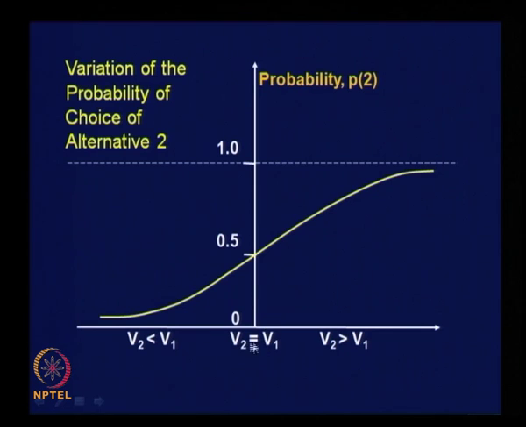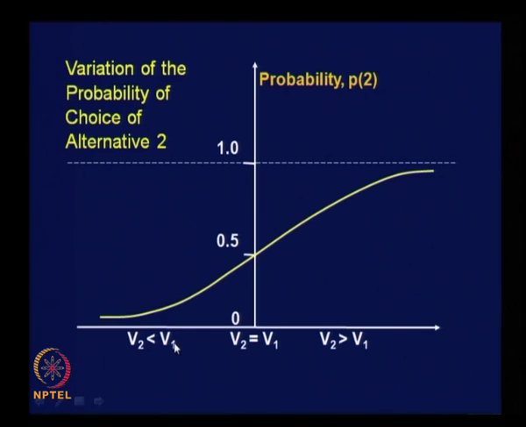At this point both the modes have the same utility, V2 is equal to V1. The known systematic utility or known constant or average utility is the same in this particular case, whereas on the right side V2 is more than V1, on the left hand side V2 is less than V1.